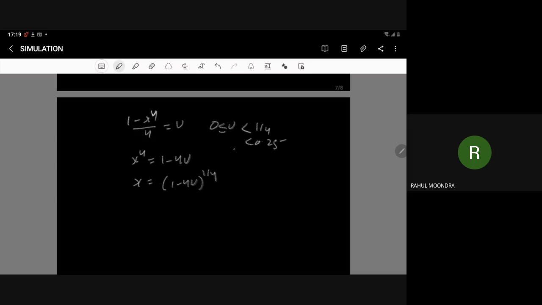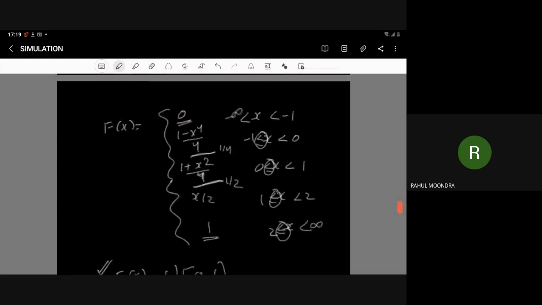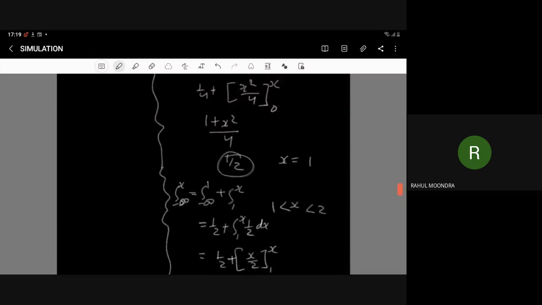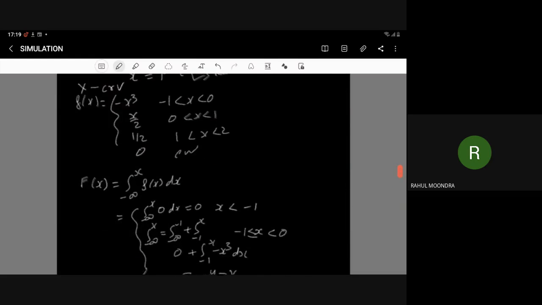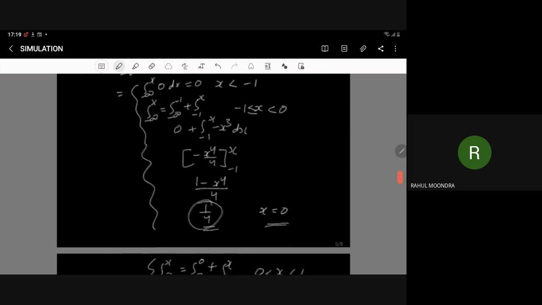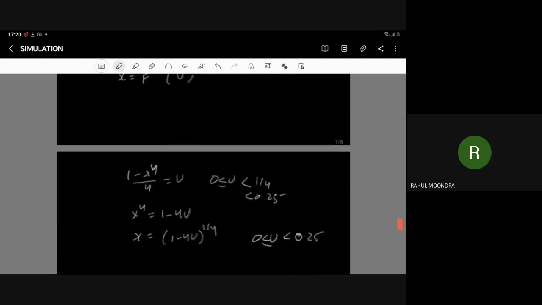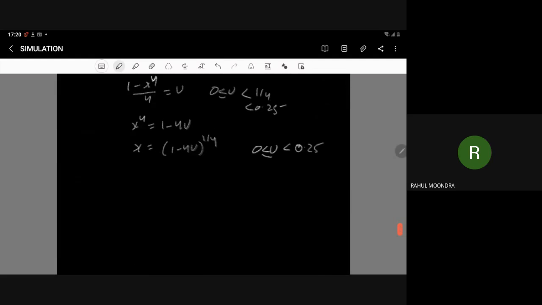But here u is between 0 and 0.25, and in this range, in the PDF you have seen x is negative. It means in the fourth root, we have to take the negative root.